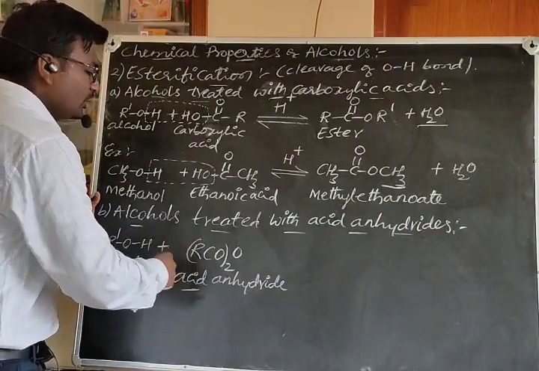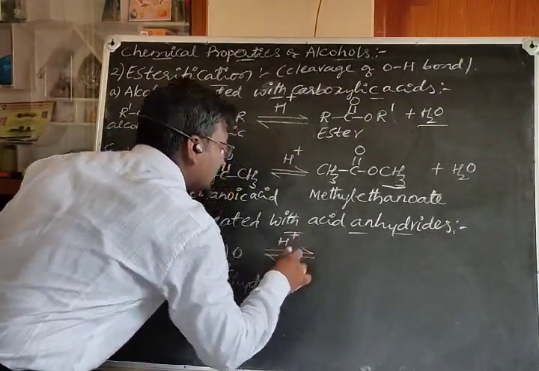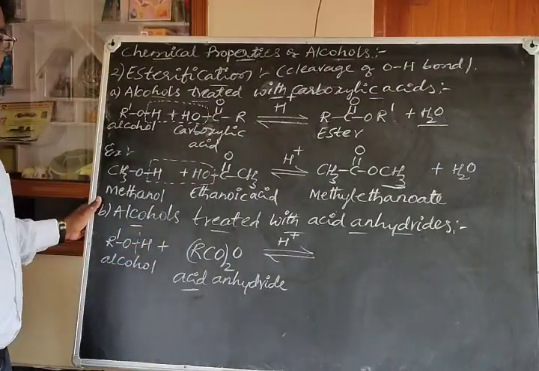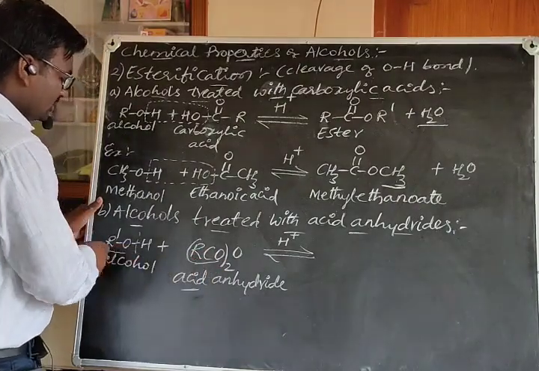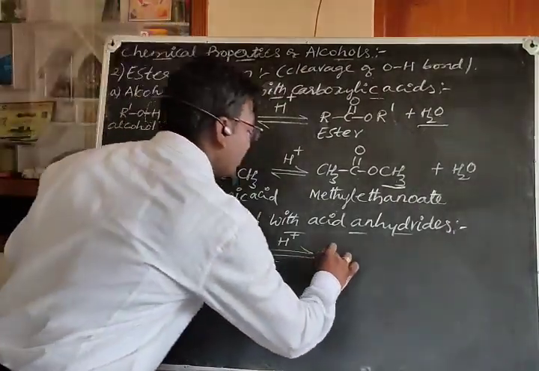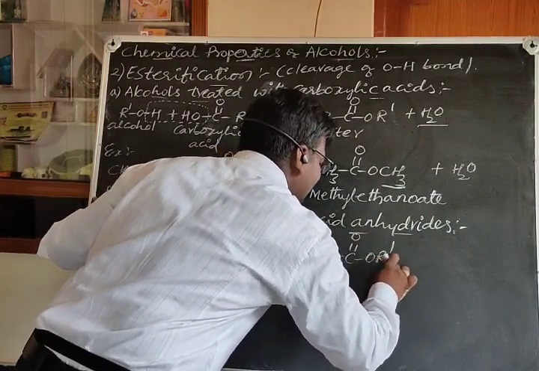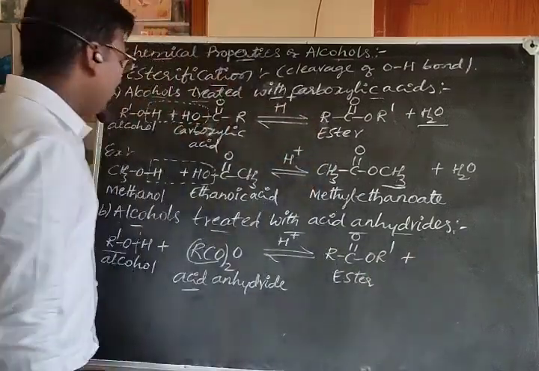When these two are treated in the presence of an acid, what happens? Cleavage of the OH bond takes place, and one of the RCO groups combines with OR', so you get RCOOR'. This is an ester. And what is the byproduct?